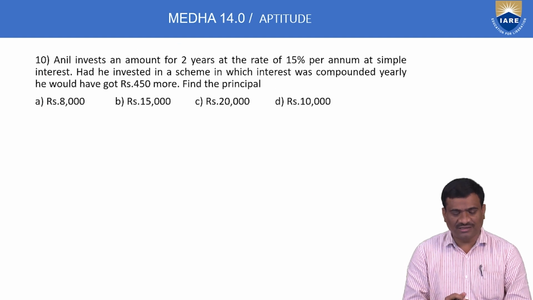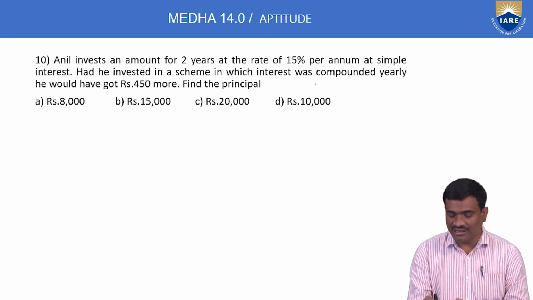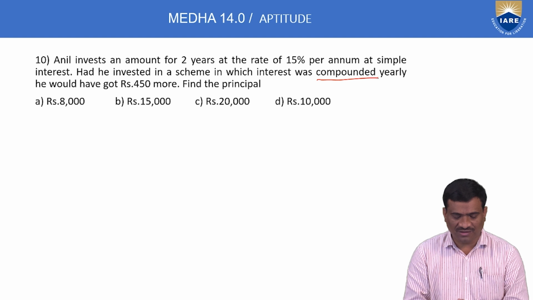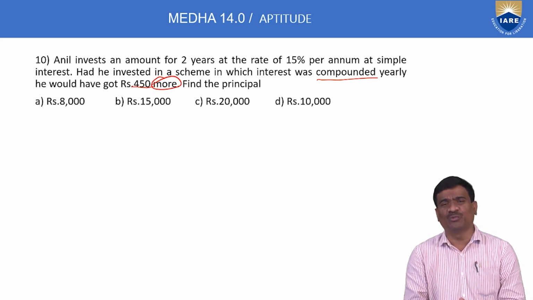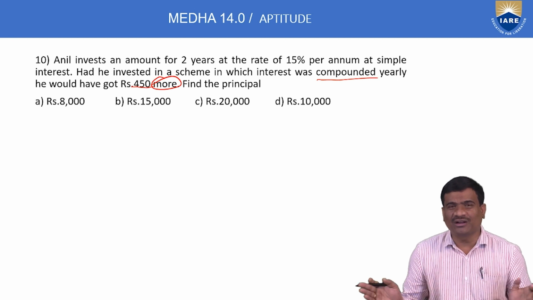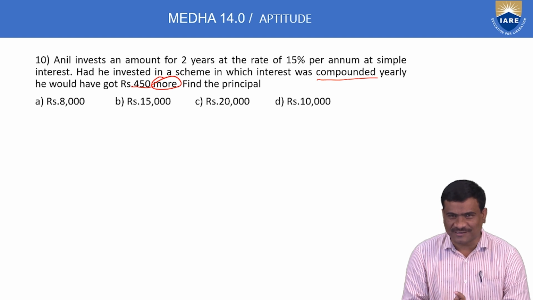Next, 10th example, simple interest and compound interest. Anil invests an amount for 2 years at the rate of 15% per annum simple interest. Had he invested in a scheme in which interest was compounded yearly, rupees 450 more would have been earned. It indicates the difference between simple interest and compound interest.